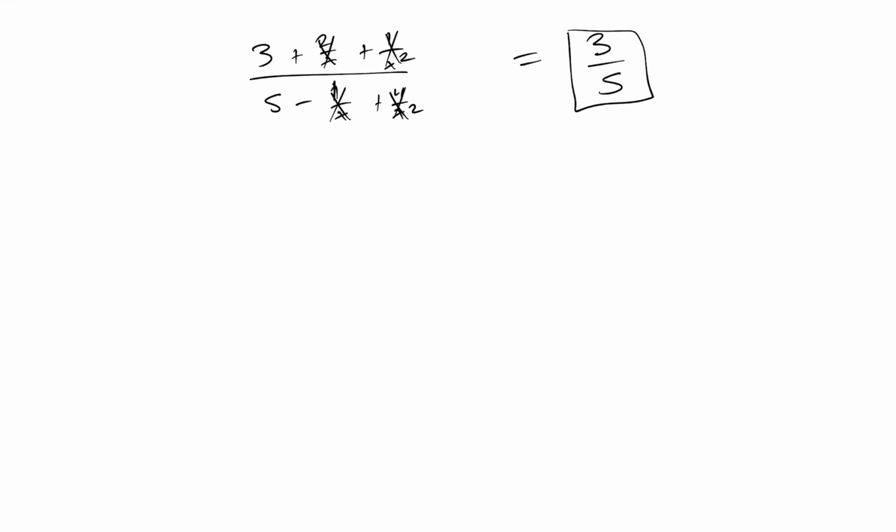Let's try another problem. Let's say that we have the limit as x approaches, this time negative infinity, of (4x cubed plus x) over (negative 2x cubed plus 7).